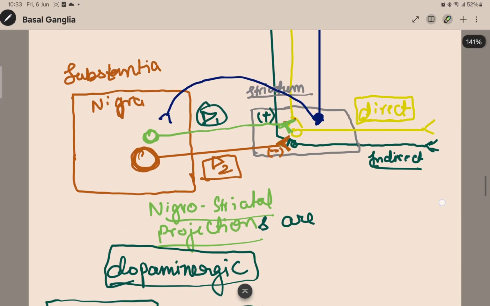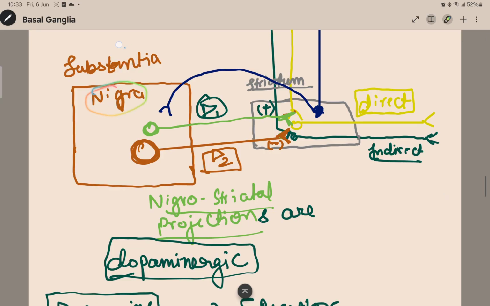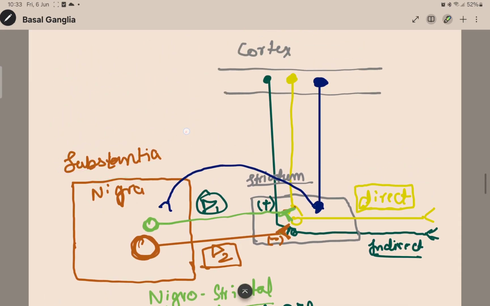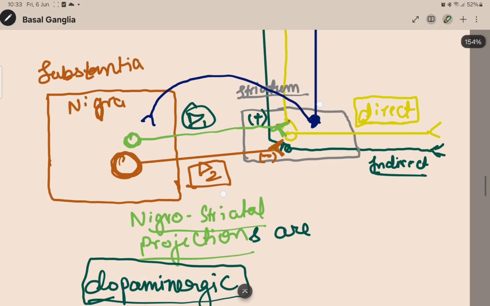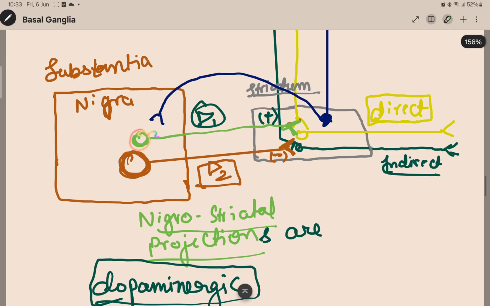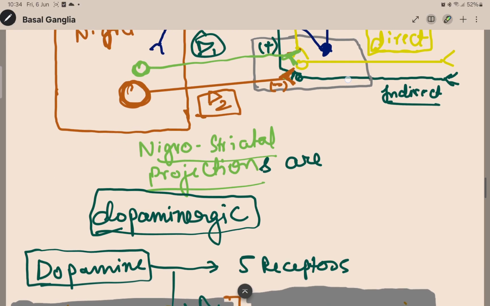And the substantia nigra is the modifier of the response. It further relates to the direct and indirect circuit, the striatal neurons. They are dopaminergic neurons.